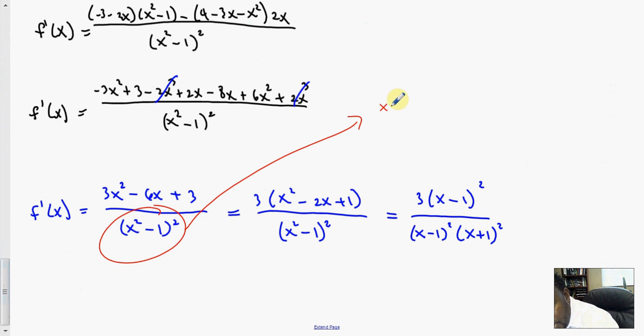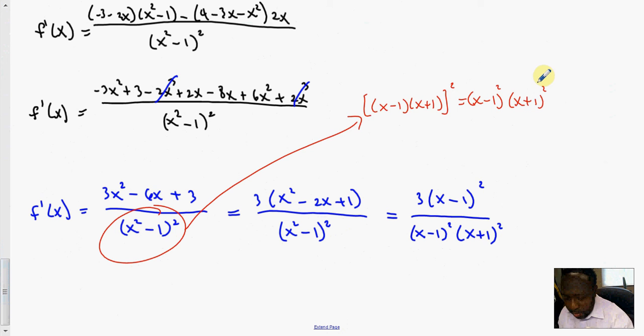This is x minus 1 times x plus 1, and that's to be squared, right? So this is x minus 1 to be squared times x plus 1 to be squared. So notice here that the x minus 1 to be squared cancels out.